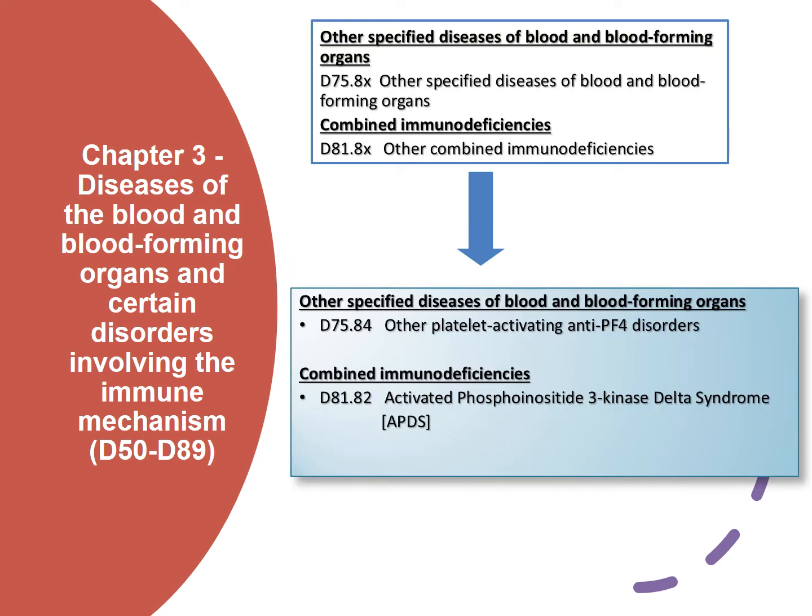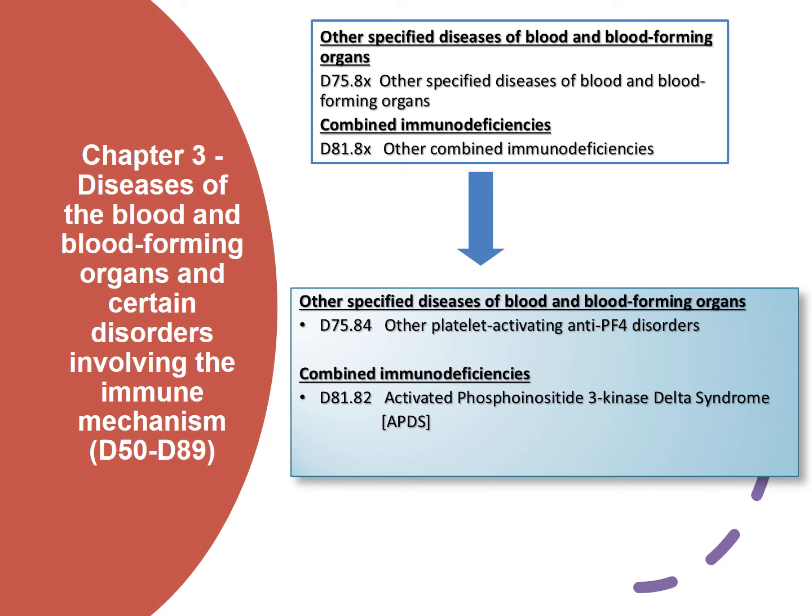Coming to other specified diseases of the blood and blood forming organs and combined immunodeficiencies, we have 2 new codes. The first one is D75.84, that is other platelet activating anti-PF4 disorders. The second one is D81.82, activated phosphoinositide 3 kinase delta syndrome, also called APDS. APDS is an immune system disorder.